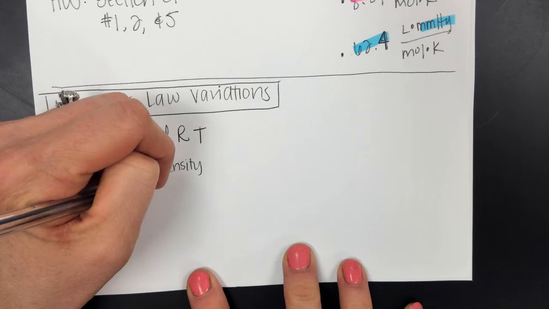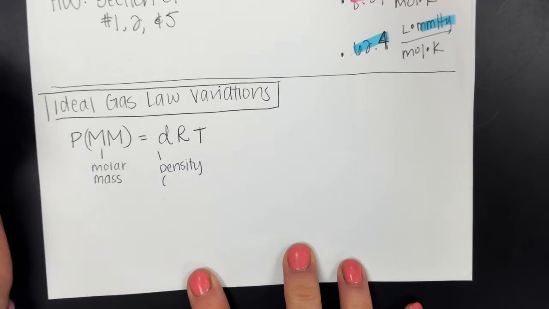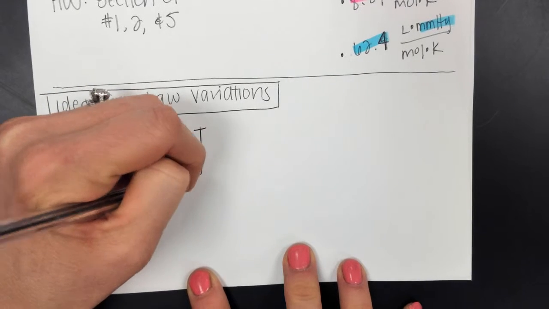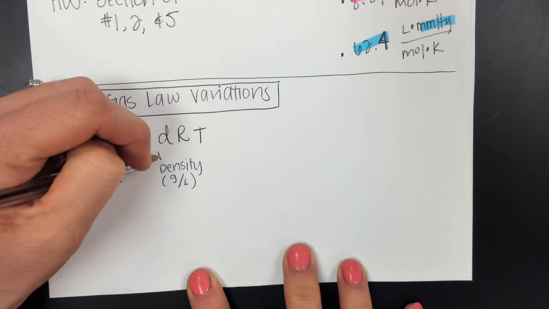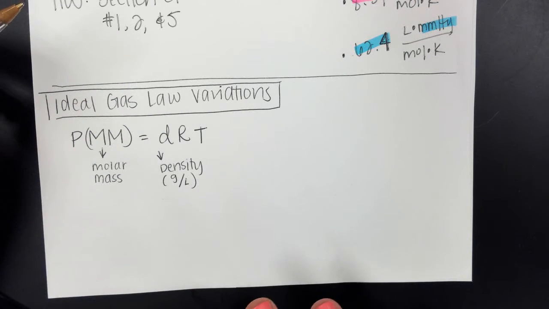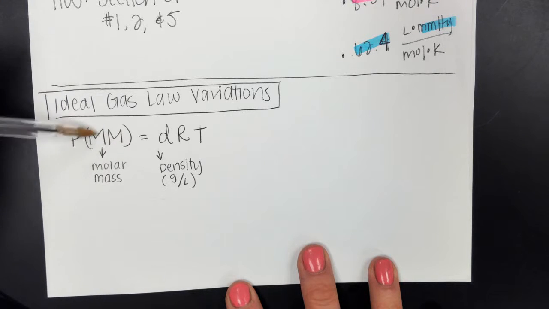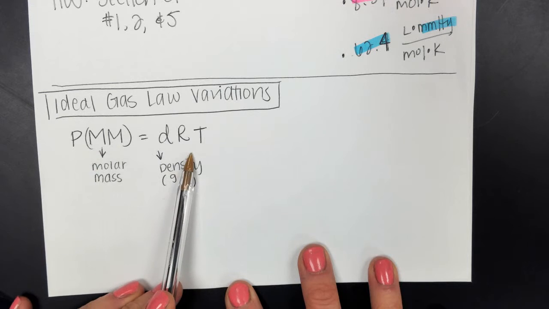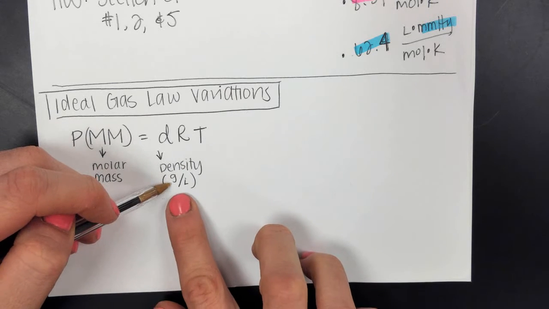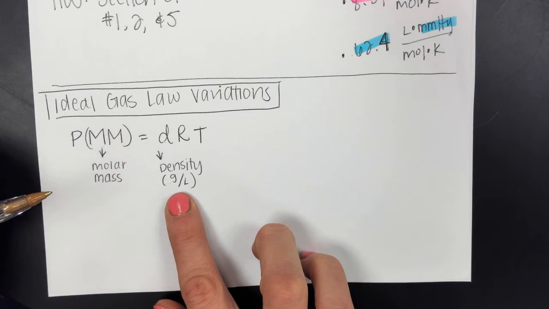And remember, density is mass divided by volume, or grams divided by liters. Okay, so if you see in a problem grams and liters, but you're being asked about molar mass, you're using this ideal gas law variation, and you're going to plug in your mass and volume to get density.